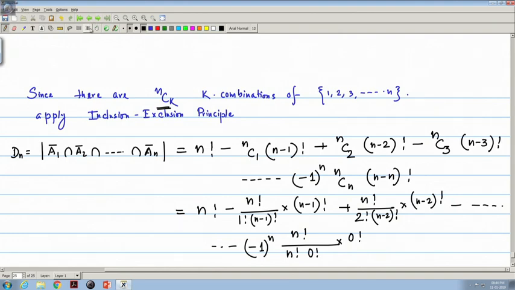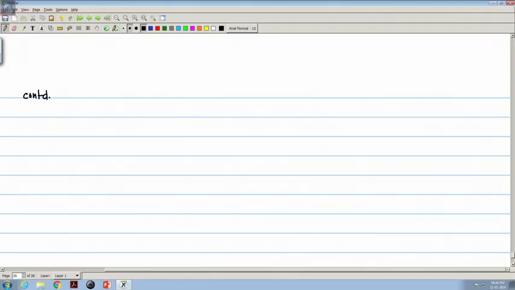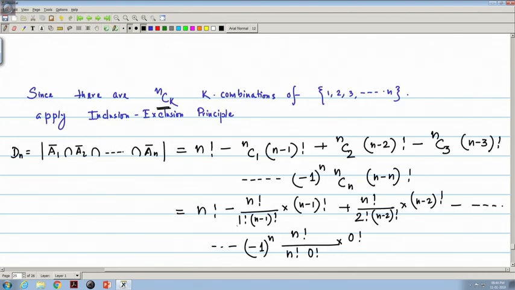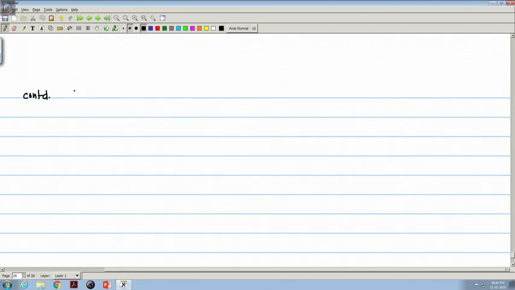So, if I continue, I have dn equal to n factorial minus n factorial by 1 factorial plus n factorial by 2 factorial minus n factorial by 3 factorial.